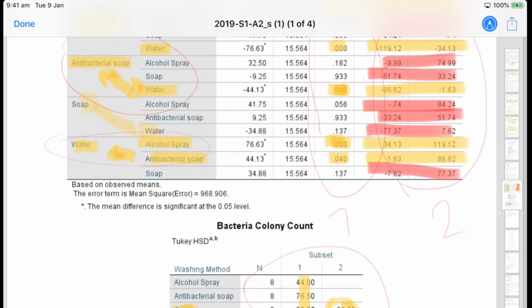The p-value is greater than 0.05, and the confidence interval includes 0. That's all about the post-hoc analysis that you need to know. So to sum up, we've got 3 ways to find which groups have different means.